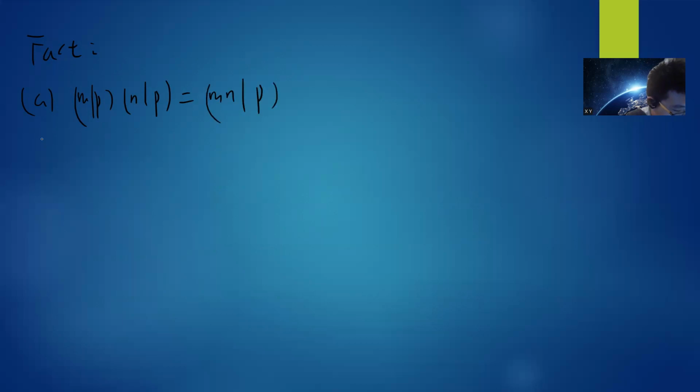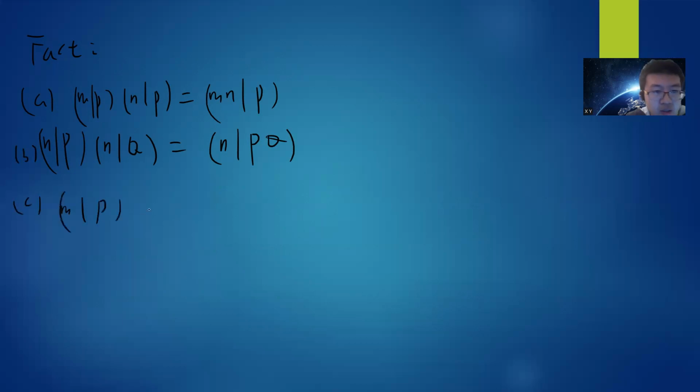Okay, and in fact these are trivial and can be done by using the multiplicative property of the Jacobi symbol. So it's completely multiplicative: you get (m/p) and (n/p), you get (mn/p). And (m/p) equals (n/p) whenever m equals n mod p.